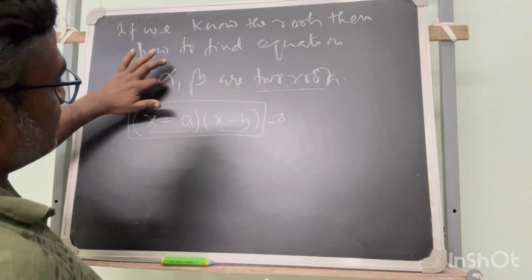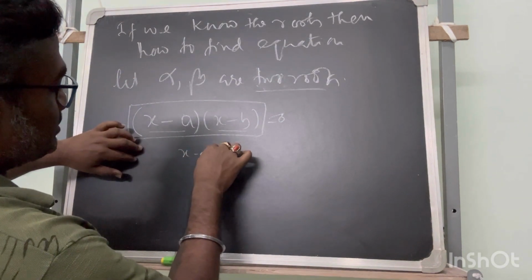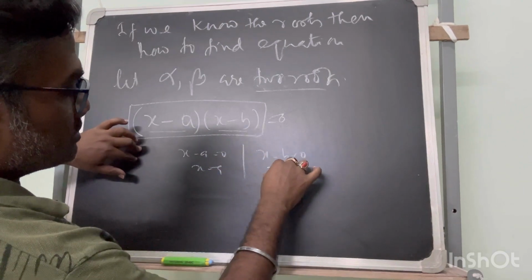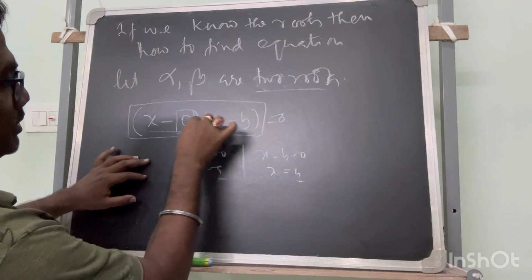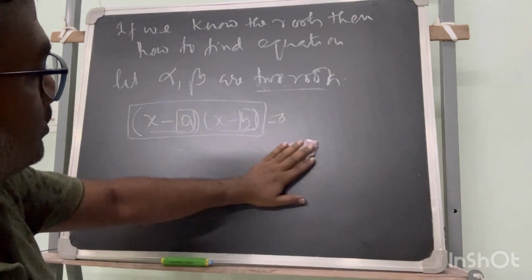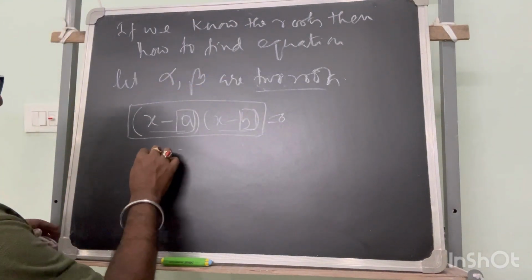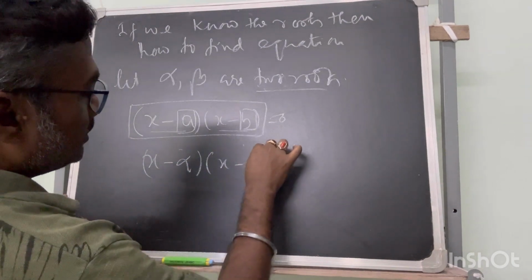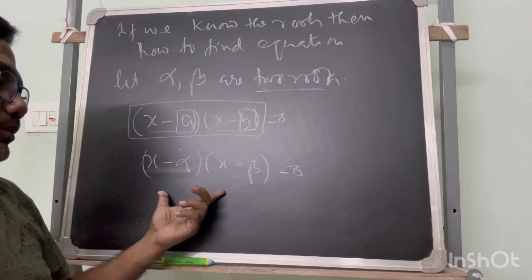In this case, what are the values of the roots? x minus a is equal to 0, that means x is equal to a, and x minus b is equal to 0, that means x is equal to b. That means a and b, whatever is in this part, are the values of the roots. Now we have assumed alpha and beta are the roots. So I can say x minus alpha and x minus beta are the two factors of the equation that has to be established, isn't it?